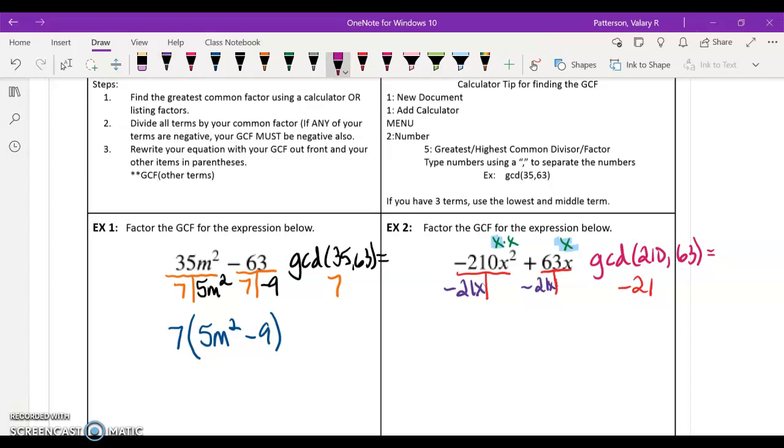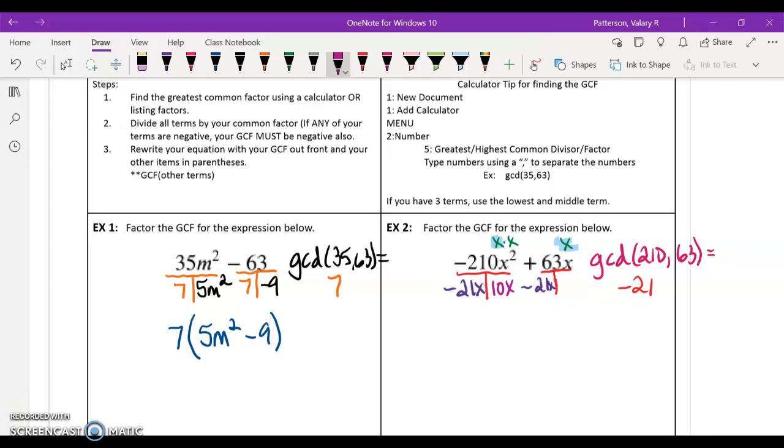So now if I divide negative 210x squared by negative 21x, then I have a 10 and an x left. Is everybody with me? Because if you have an x squared divided by an x, that just becomes x to the first. Now what if I take 63x and divide it by negative 21x?